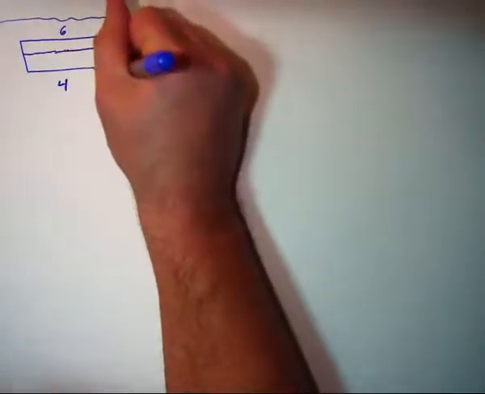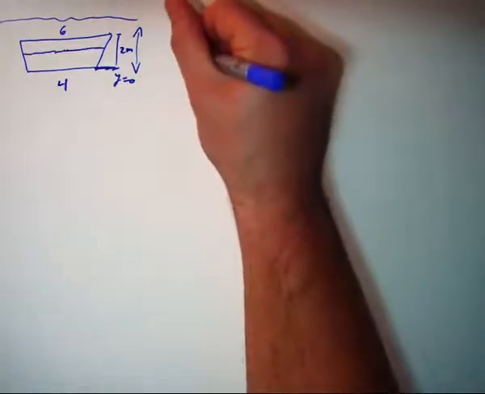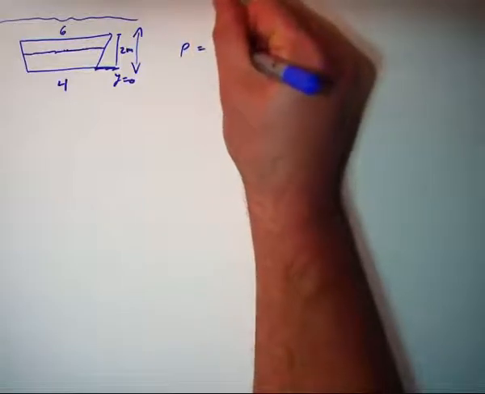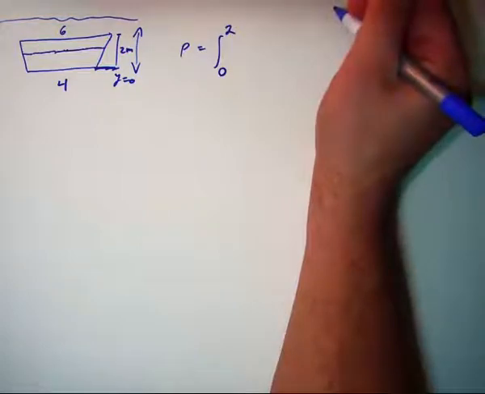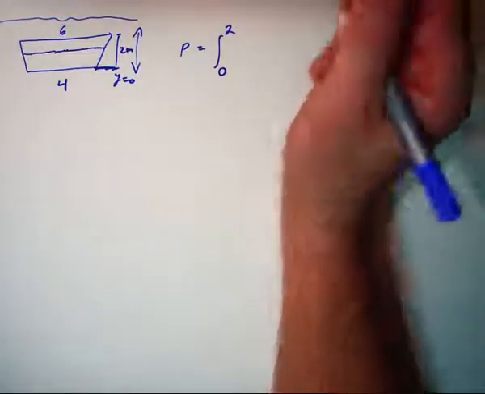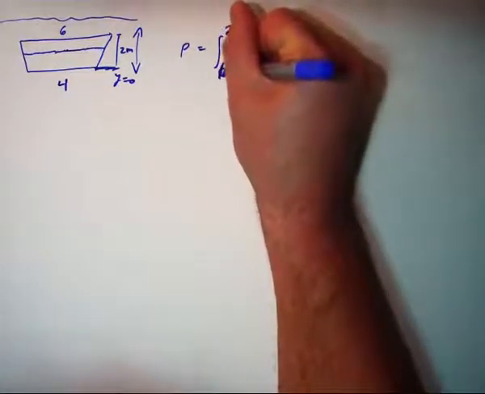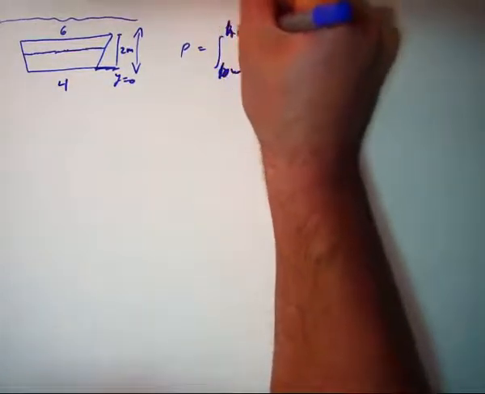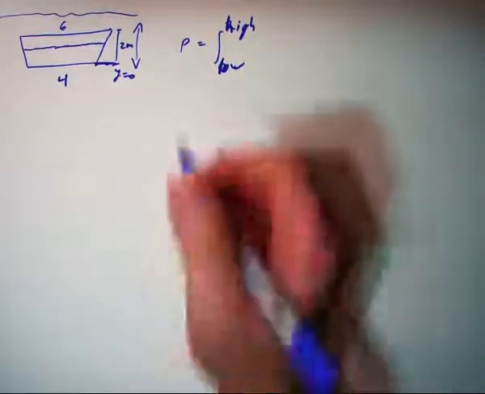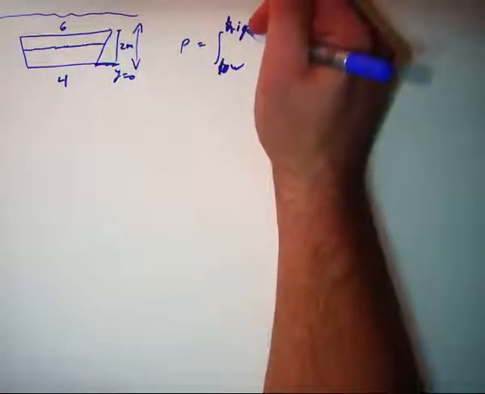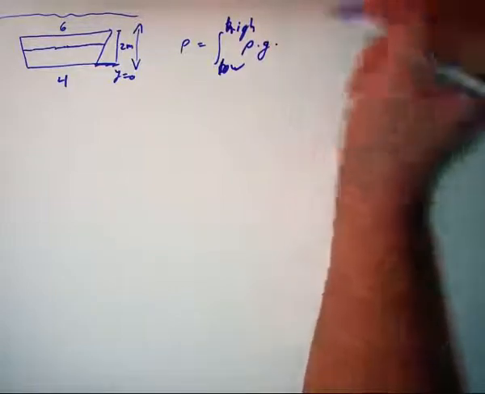Then we can take over here y is equal to 0 as our base, and we can say that the total amount of pressure on it builds from y is equal to 0 up to y is equal to 2. So from the lowest to the highest, the force is rho times g as usual, right?